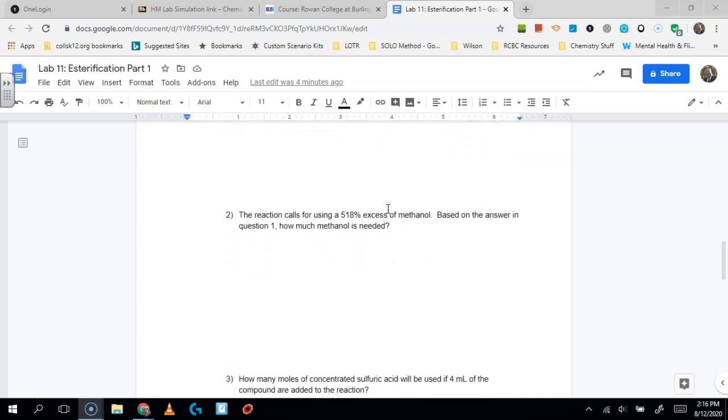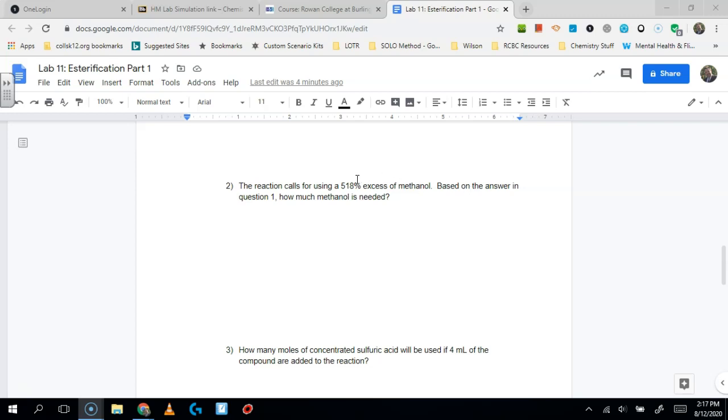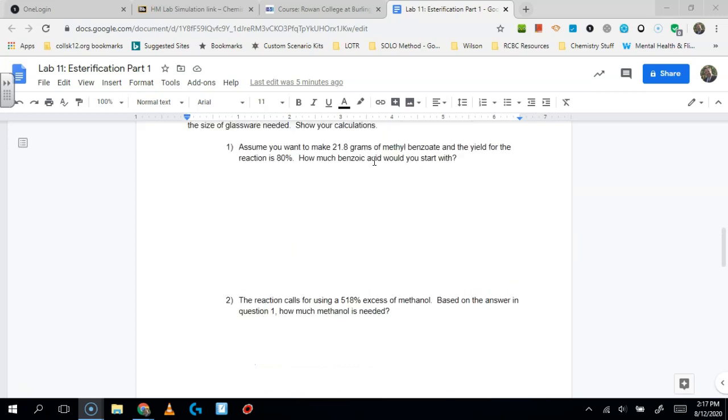Then you want to calculate how much methanol you're going to use, and you're going to use a 518% excess of methanol, based on how much benzoic acid you're starting with.